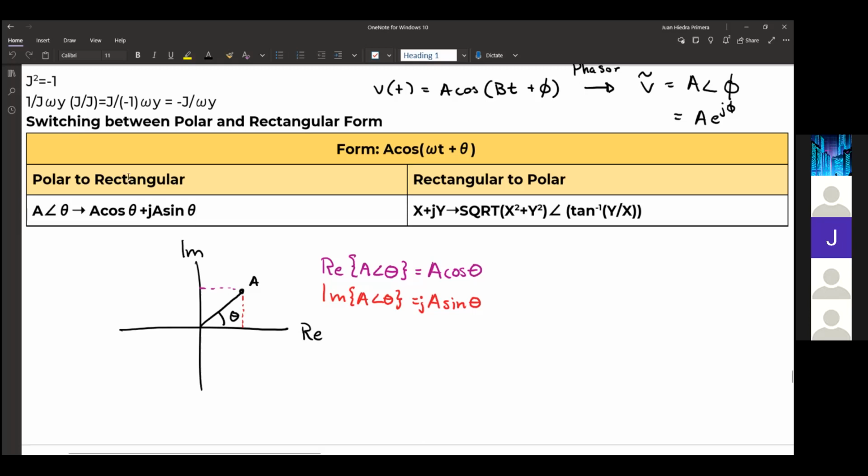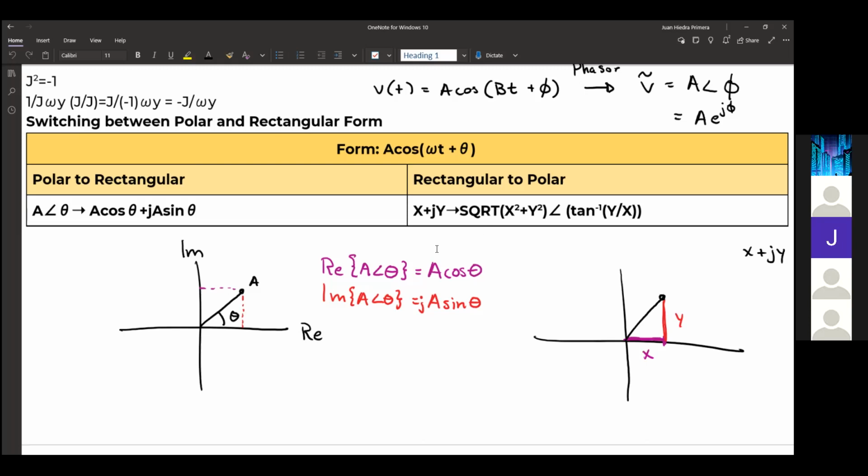You can simply use the tangent and the square of them. So if we had the same graph the other way, and we had a certain amount this way of real, we'll call this X. We have a certain amount of imaginary, we'll call this Y. The sum of those two, X plus jY, would leave us here.